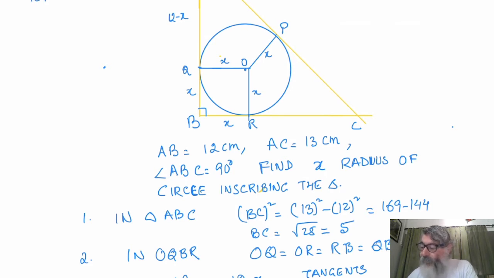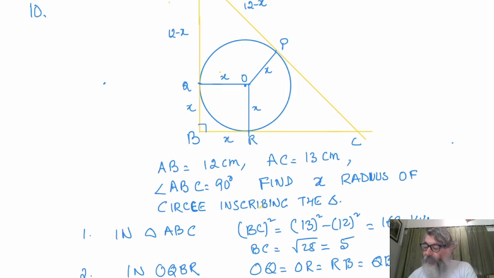Because the total BC was 5 and this is x, so CR will be 5 minus x, so CP will be also 5 minus x. The same reason, tangents. This is 5 minus x. This is also 5 minus x.